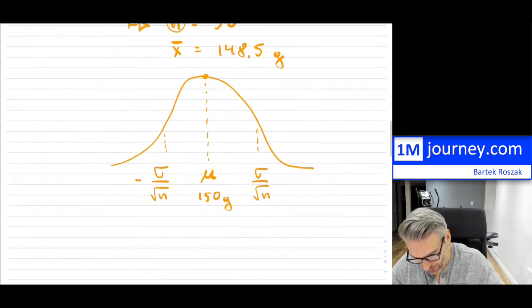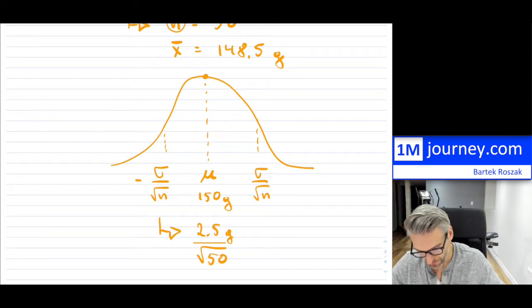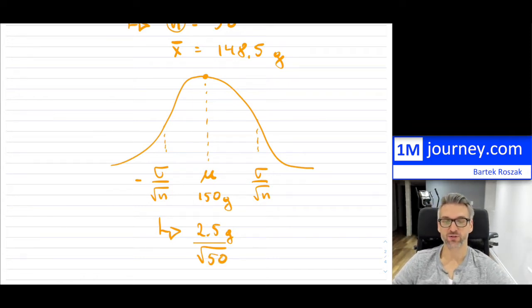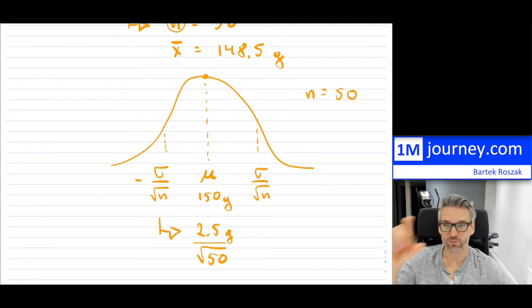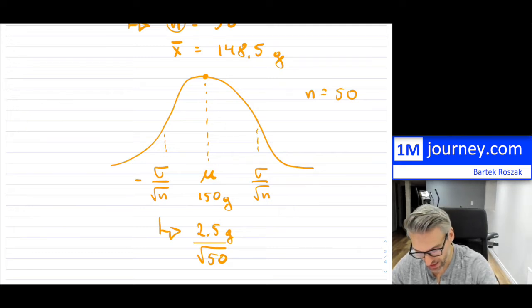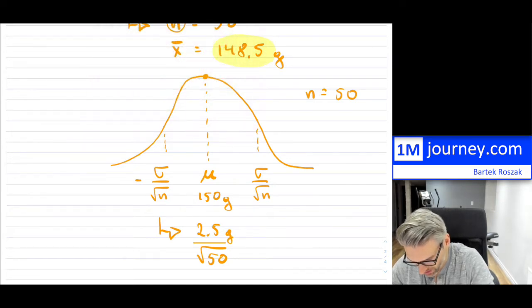We know what this is: 2.5 grams divided by the square root of 50. That is the standard deviation, on the assumption that n is equal to 50 and it's normally distributed. And you'll notice that this mark, 148.5, is going to fall somewhere on the left-hand side.